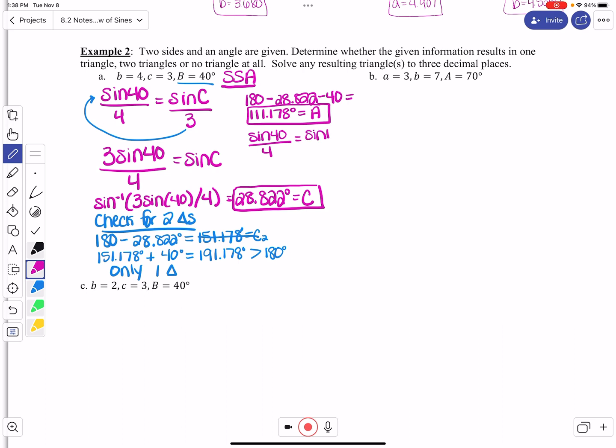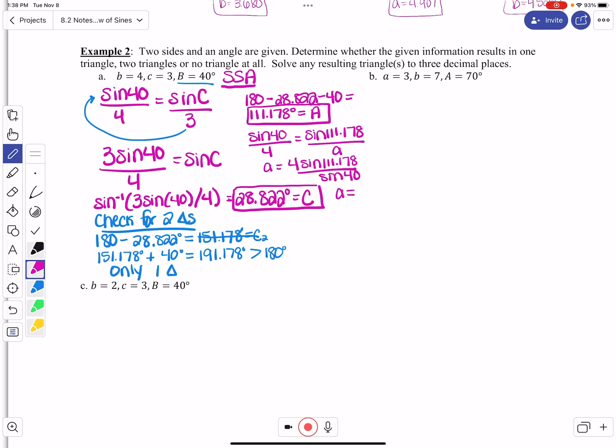And I'll do sine of the 111.178 over A. And so remember when we did this, we'll just do A equals 4 times the sine of 111.178 over sine of 40.